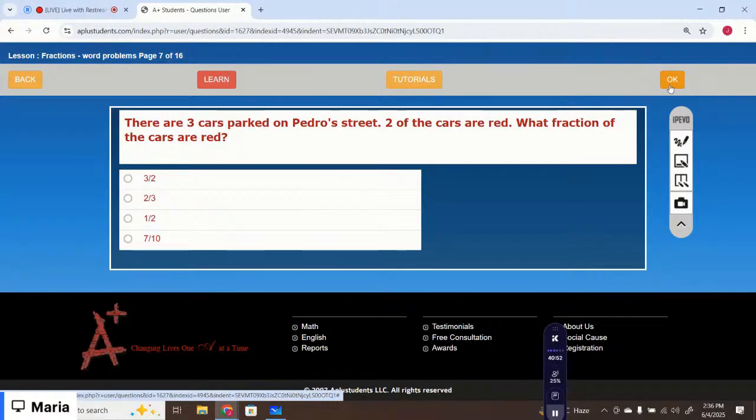The correct option is that is two out of three. Option number two is the correct option.